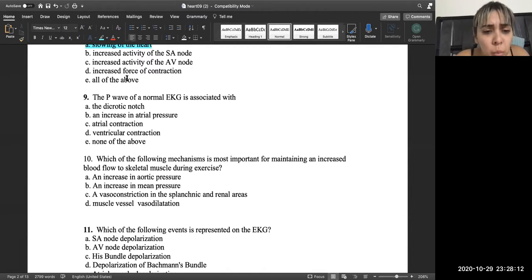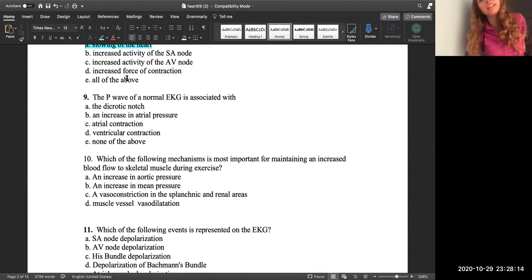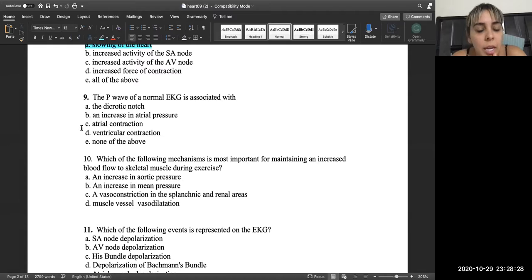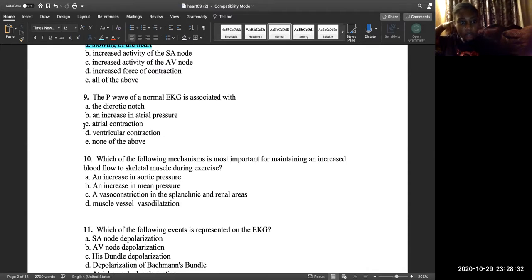The P wave of the normal EKG is associated with the aortic notch, an increase of atrial pressure, atrial contraction, ventricular contraction, or none of the above. I think it's going to be atrial contraction.